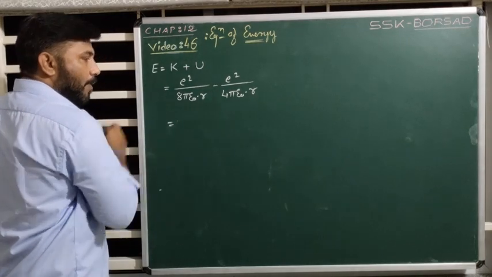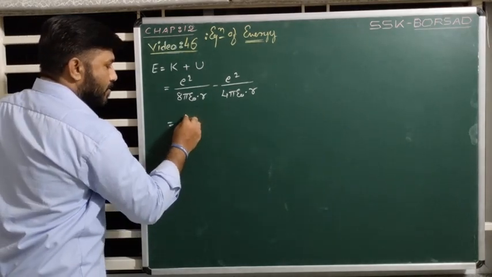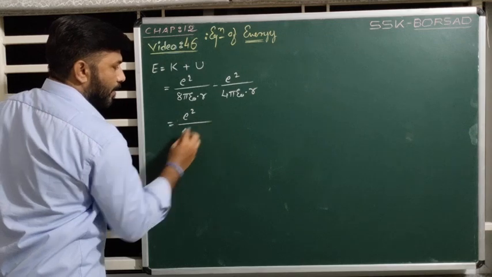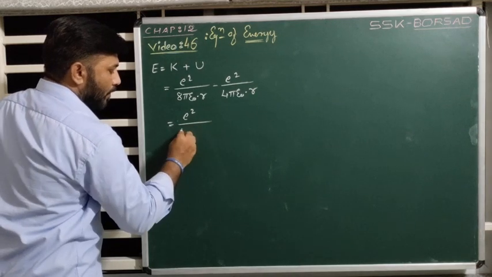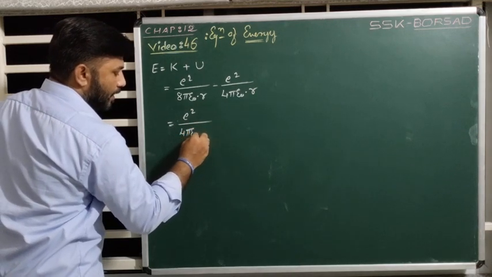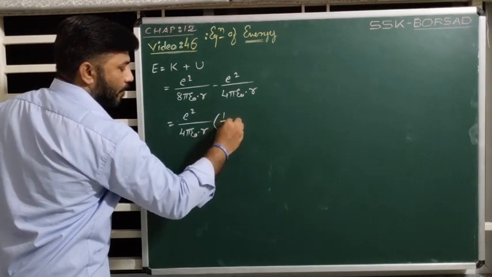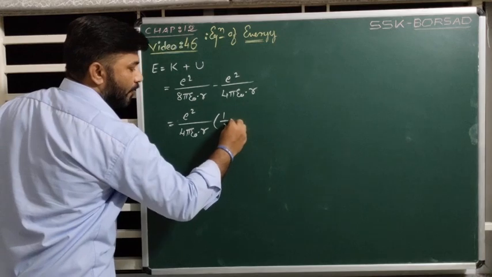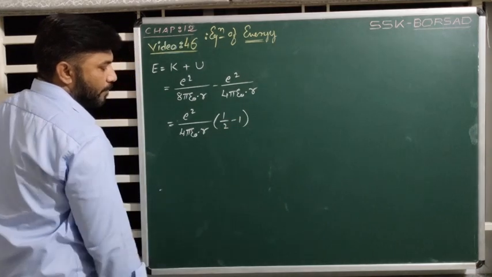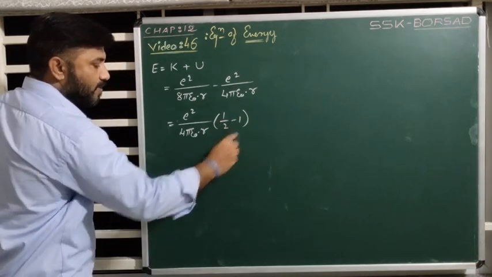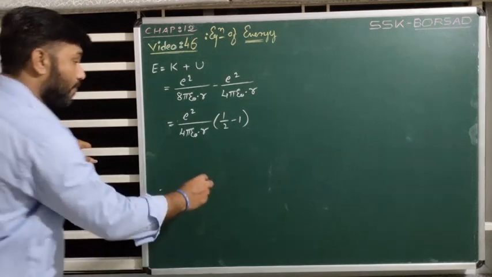Then take out the common term, e square upon 4 pi epsilon 0 multiplied by r. In the bracket what will remain? 1/2 minus 1, which means minus 1/2.